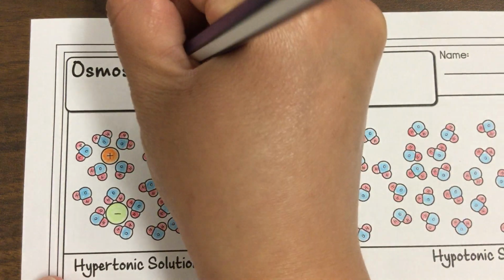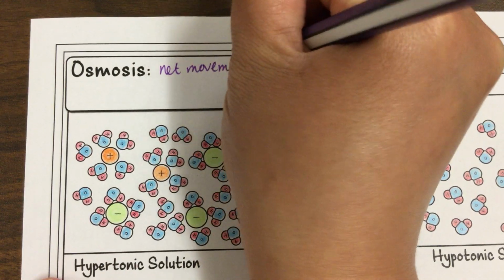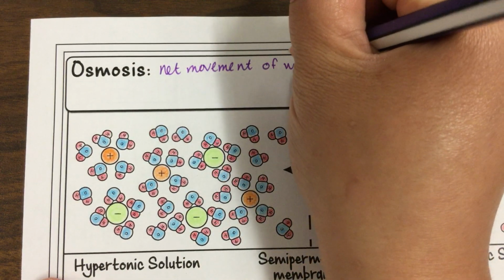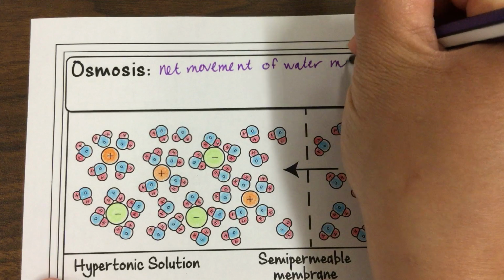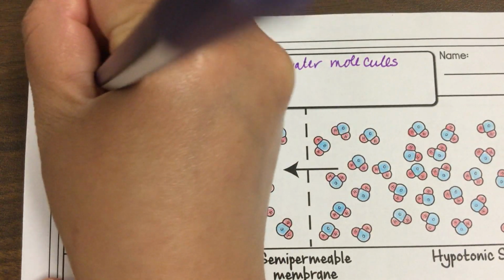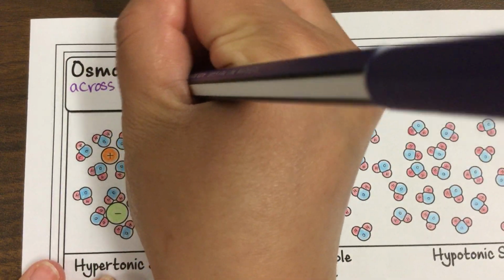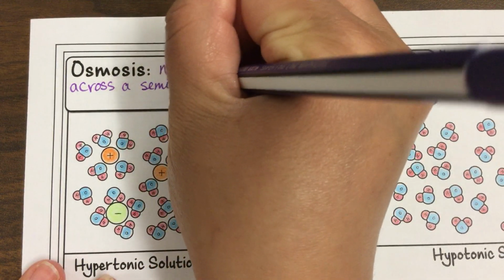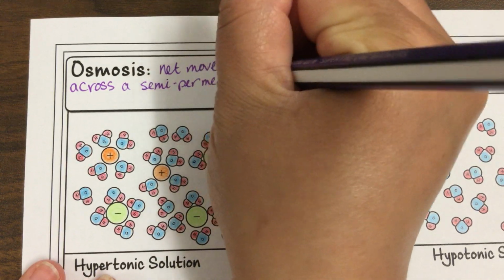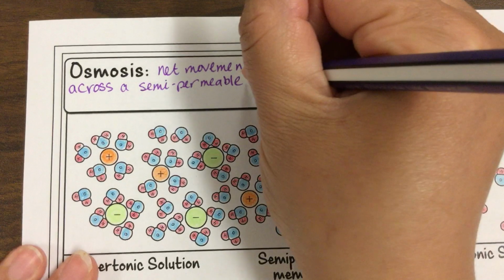Okay, so it's a net movement of water molecules across a semi-permeable membrane. Remember, semi-permeable means it doesn't let everything in or out.